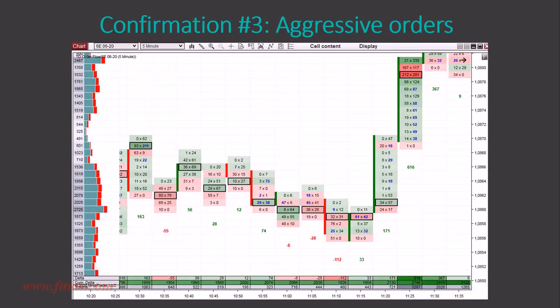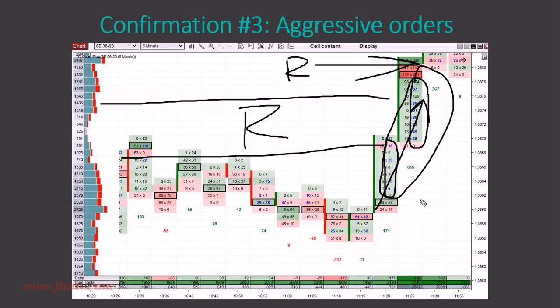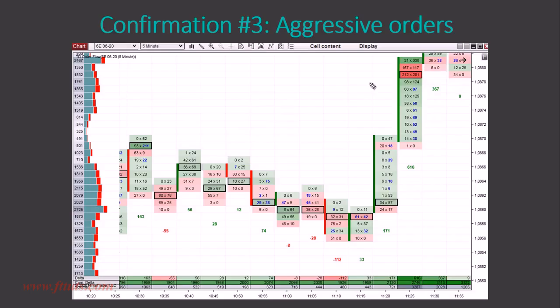Alright, so let's have a look at another example. In this example, I wanted to show you those aggressive buyers, those buying imbalances in here, also in here. If you have a resistance, and you see those guys going against you, the resistance could also be in here. It doesn't matter, if you see this going against you, aggressive buyers jumping in with buying imbalances, you don't want to go short.